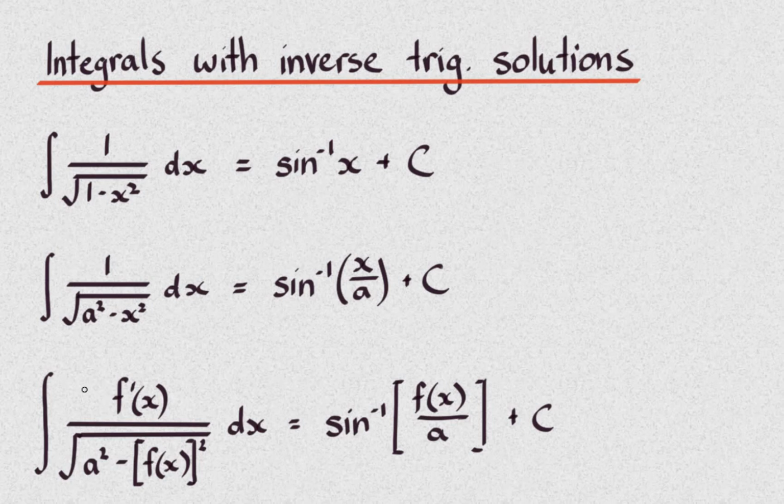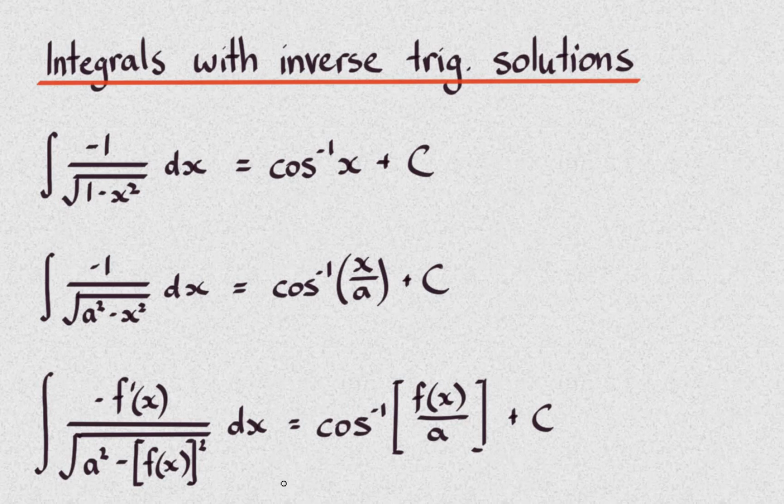The integral that gives us inverse cos of x is actually just the negative version of this. So negative 1 over the square root of 1 minus x squared gives inverse cos of x. And likewise for these if we extend them.